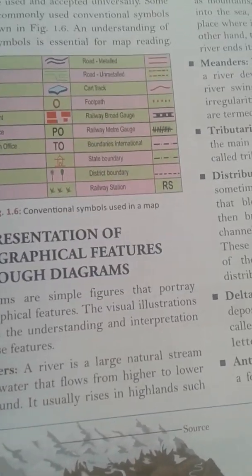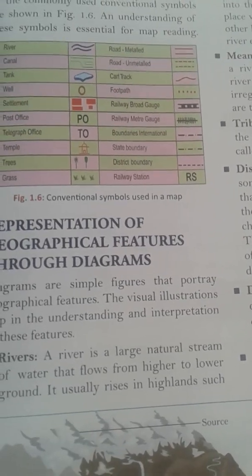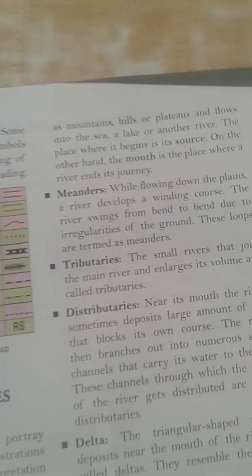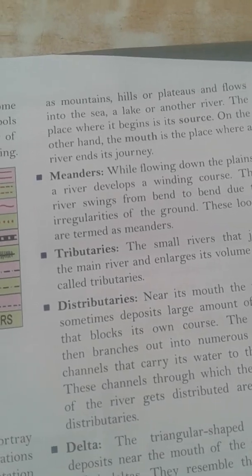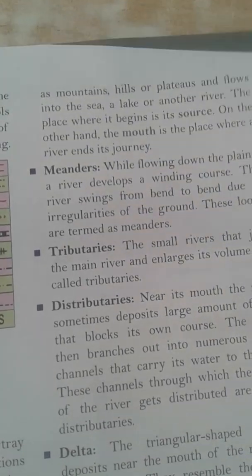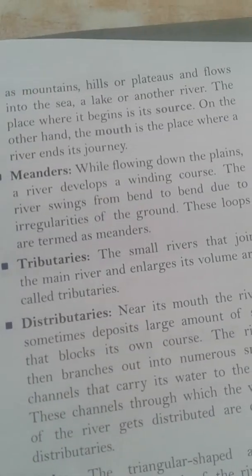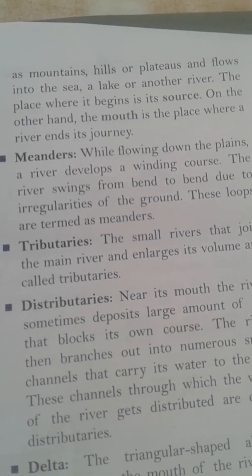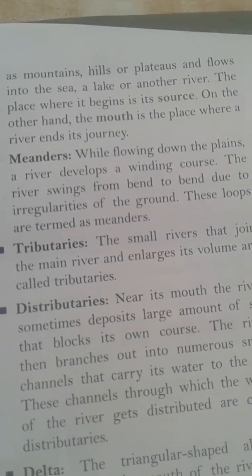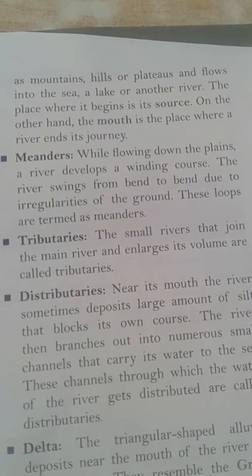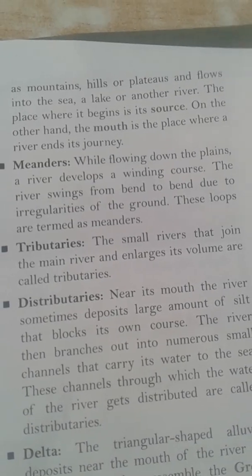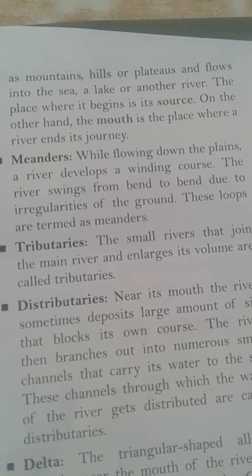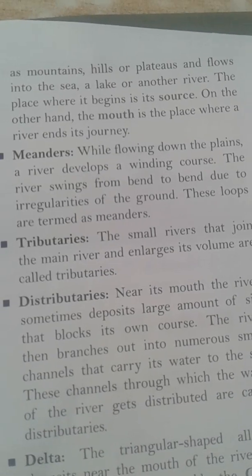It rises from the highlands such as mountains, hills or plateaus and flows downhill into seas, lakes or another river. The place where the river begins is called the source. And what is the mouth? It is the place where the river ends its journey or the river closes.